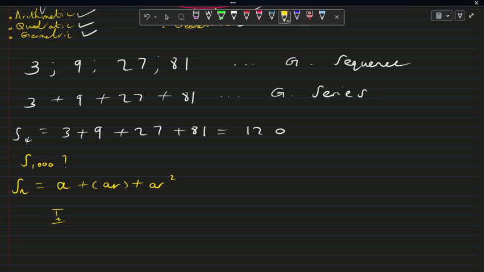So T2 over T1 is equal to r, a constant ratio. T2 in this case is ar and T1 is a, so ar over a cancels and we have r.